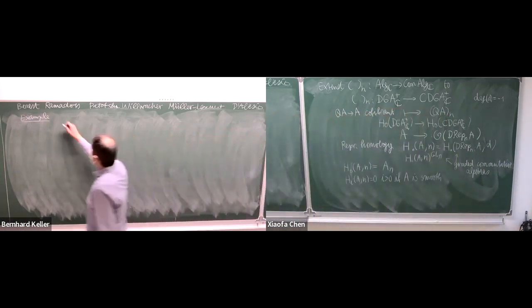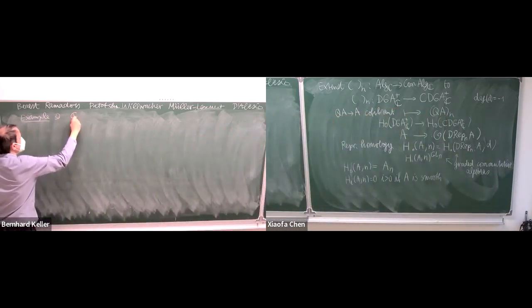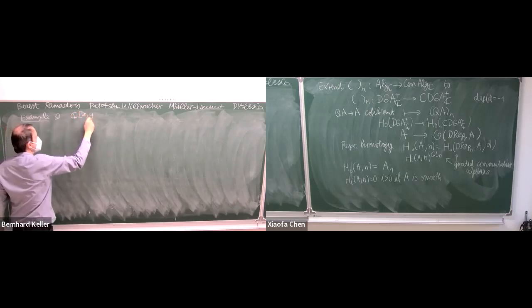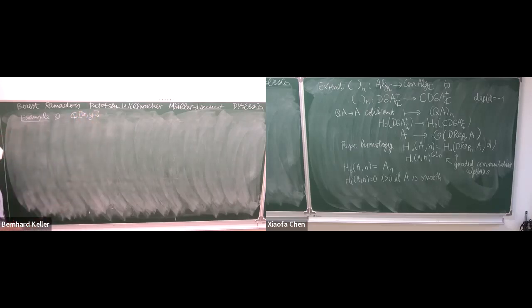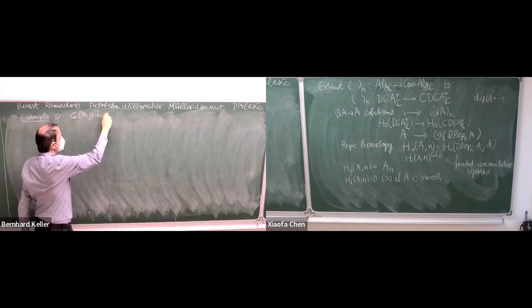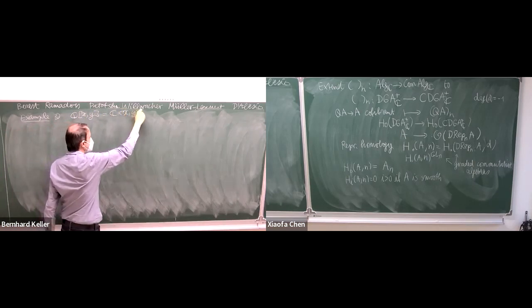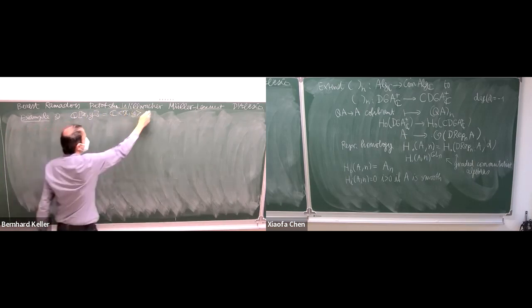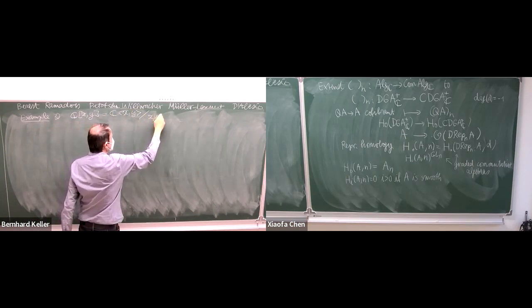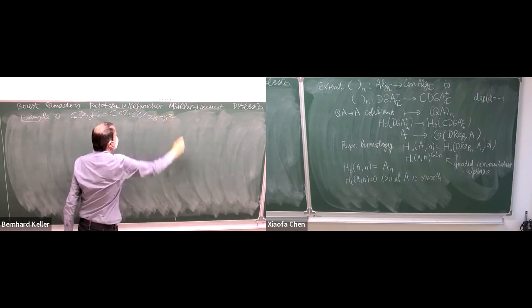So example 3, this was the commuting scheme, if you like: polynomials in 2 variables, that you want to view as a free associative algebra modulo the relation xy equal to yx.